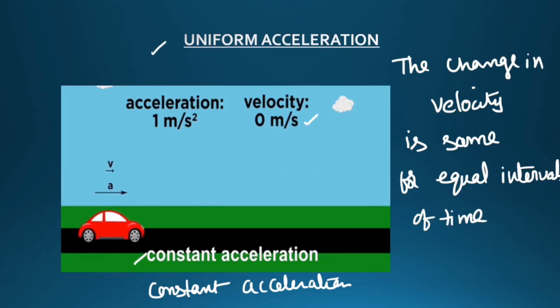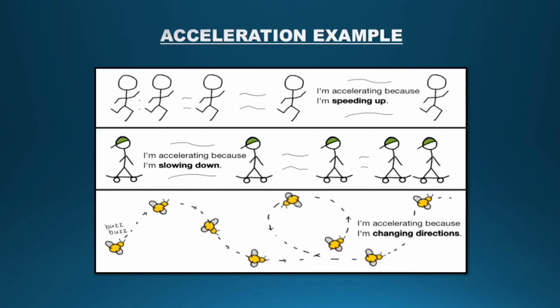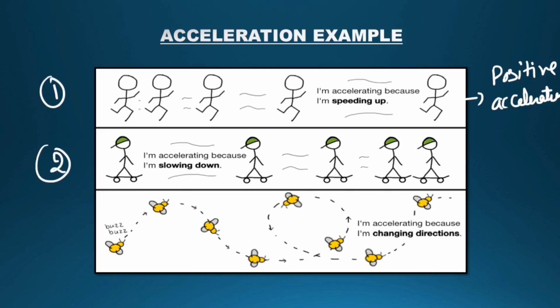To understand, let's see some more examples. Here, I am accelerating because I am speeding up. See, while speeding up, the body or the boy experiences positive acceleration. Now here, I am accelerating. See the second picture? I am accelerating because I am slowing down.